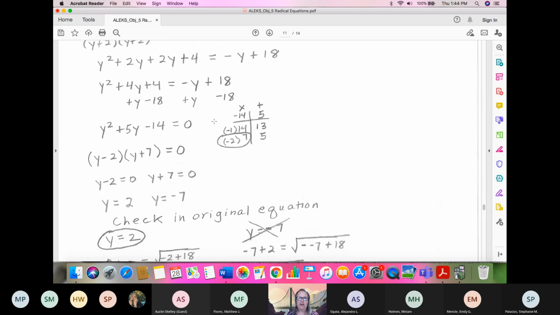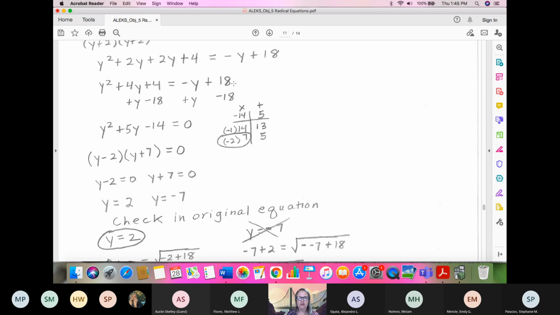Get everything on one side. So let's move it to this side because it's got a nice y squared sitting out front with an understood leading coefficient of 1. The opposite of subtracting y is adding y. Opposite of adding 8 is subtracting 8. Opposite of adding 18 is subtracting 18.